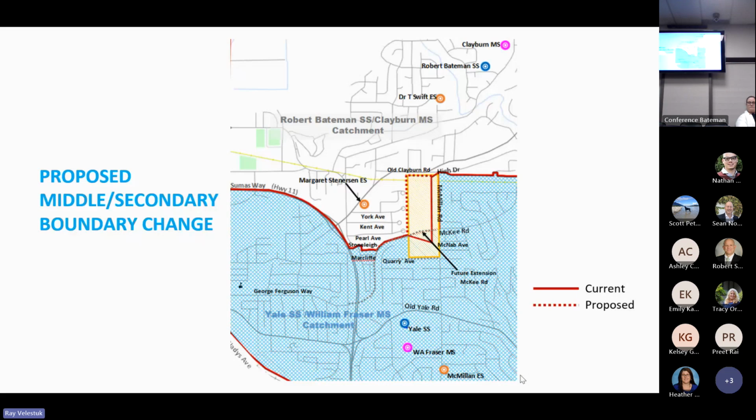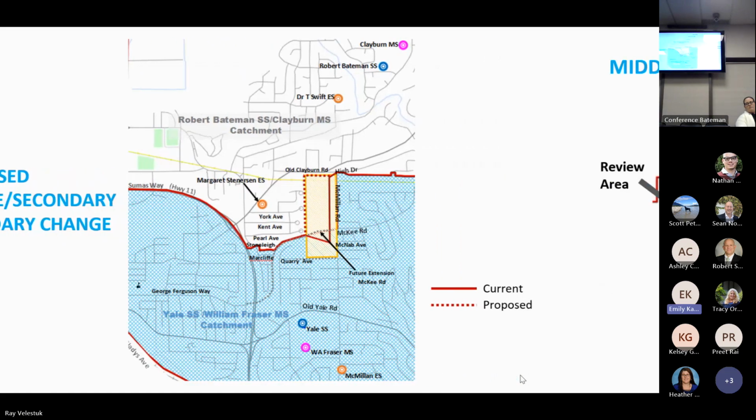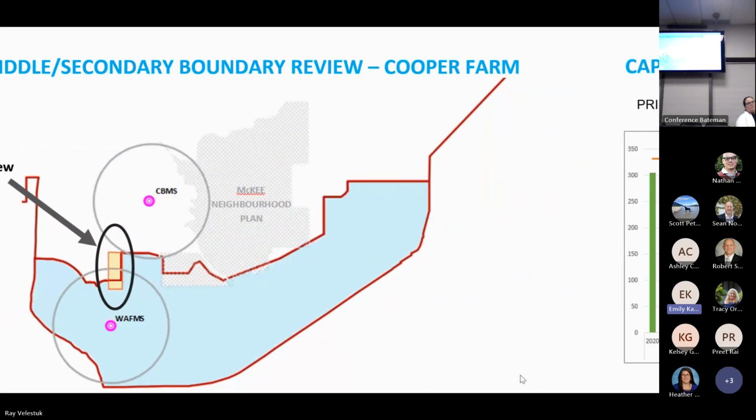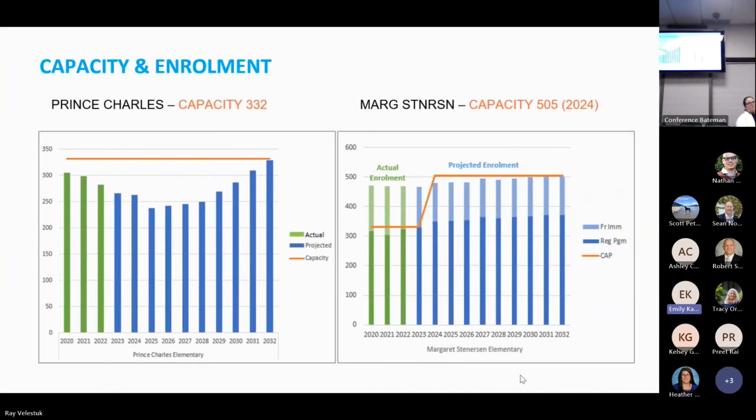There's an online question from Emily Casper. Okay, you have to ask it because I can't see it. Hi. Regarding the elementary catchment for Stenerson, can you pull up that slide for the proposed numbers for elementary?